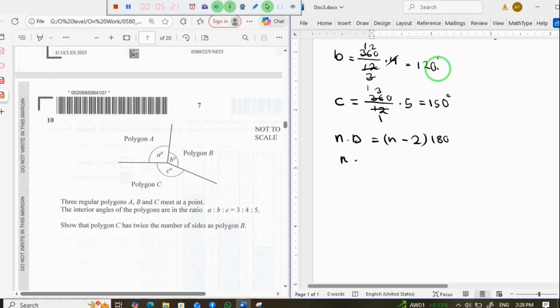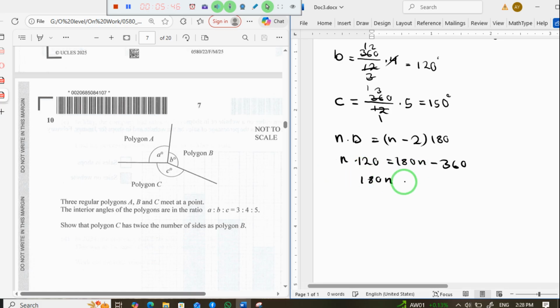For B, d is the interior angle, 120. We write 120n equals (n minus 2) multiplied by 180, which is 180n minus 360.